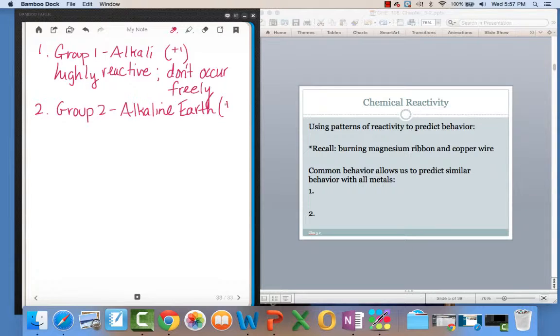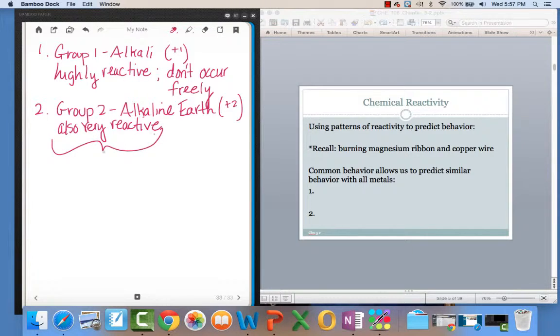These have a +2 charge, and they are also very reactive. Not as reactive as our group 1, but still very reactive.